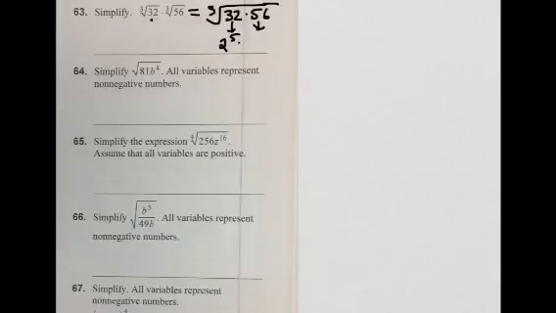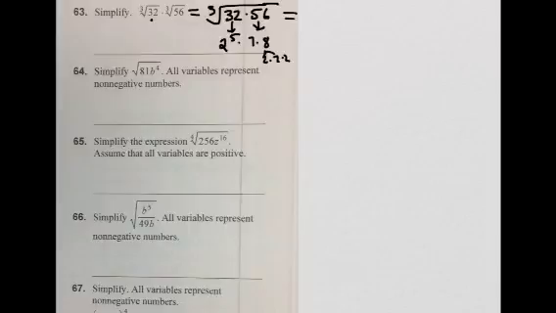Okay, so 7 times 8. And 8 is 2 cubed. So 8 is 2 times 2 times 2. So you can simplify, put all the 2's together.